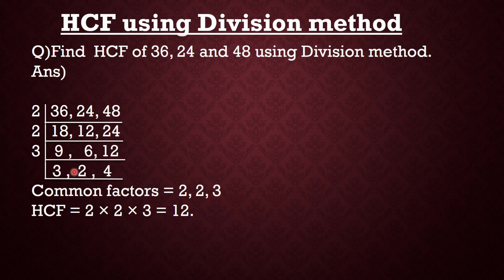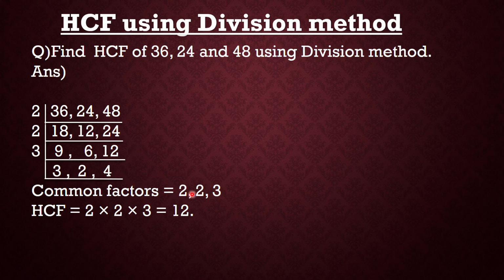We just need to multiply the common factors 2, 2, 3, and these remaining numbers we ignore. The common factors are only these with which we have divided so far.